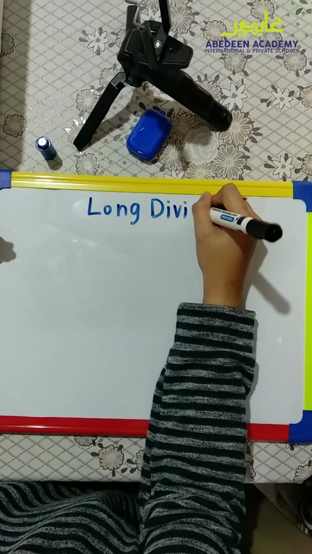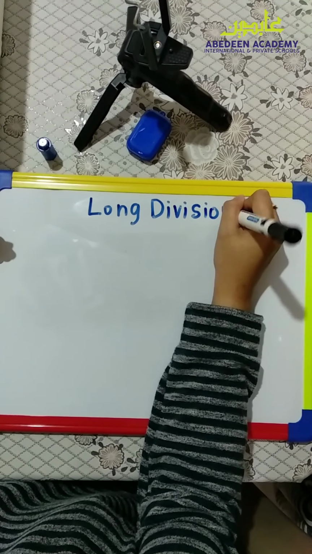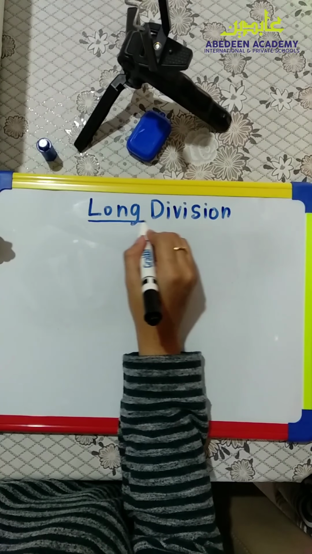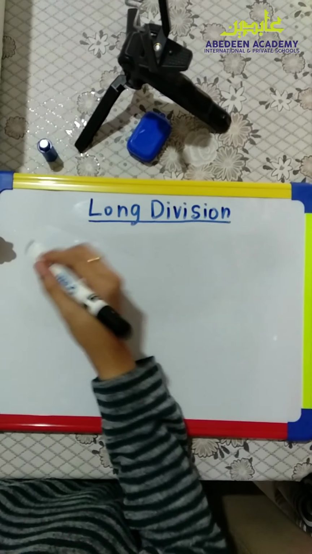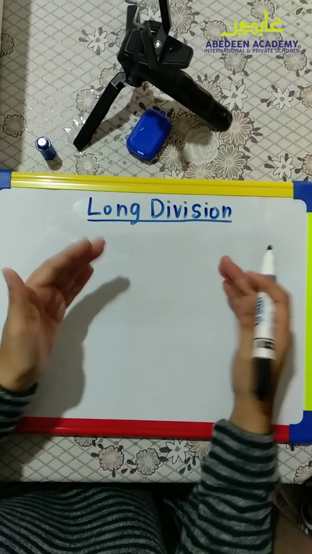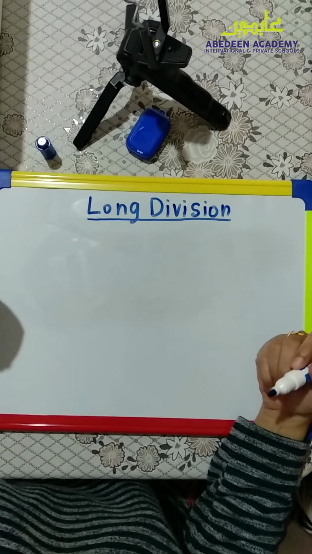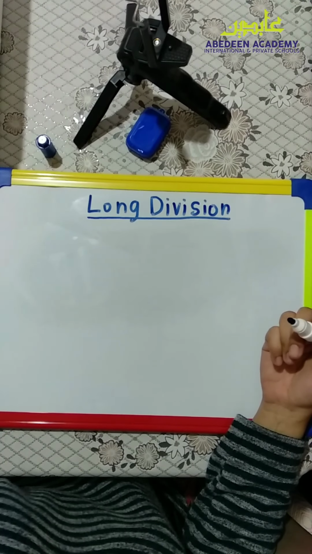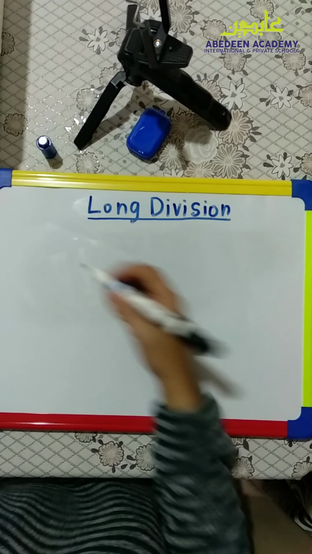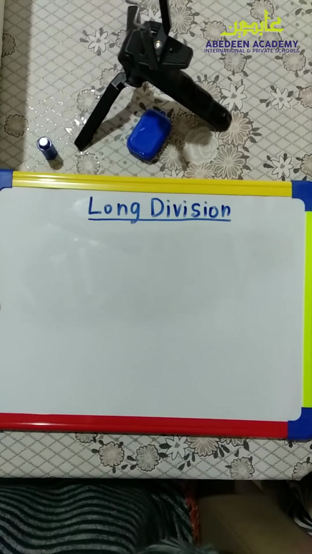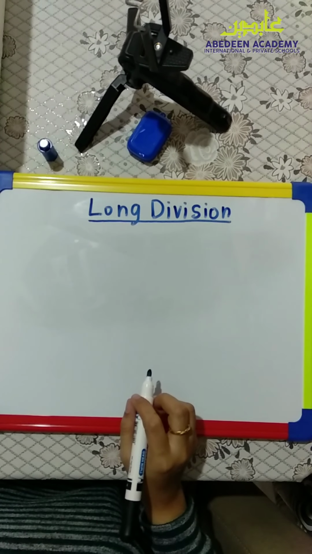What does it mean by long? Long means it involves hundreds. You cannot do this by simply doing it manually like I taught you last week. But there's always an easier way to do long division. How to divide?